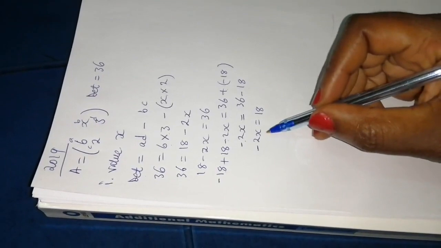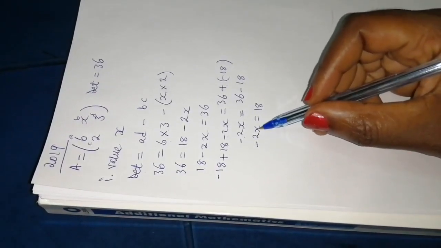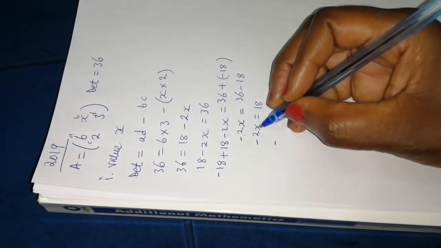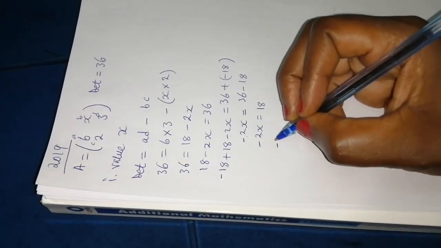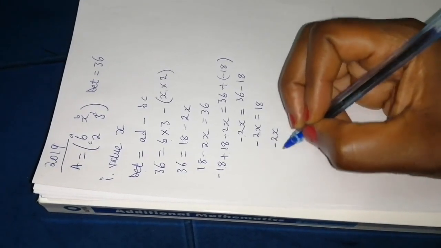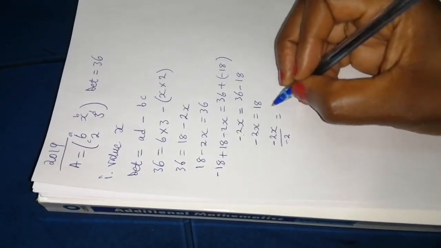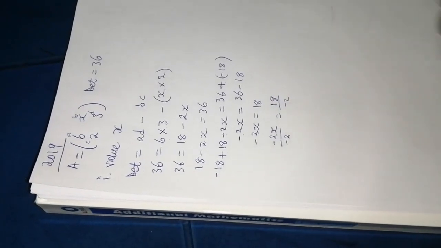Okay, so we need to get rid of this coefficient so that the coefficient of x remains 1. And we do so by dividing negative 2x by negative 2. What we do to this side, we do to the other side. So even there we'll have 18 divided by negative 2.